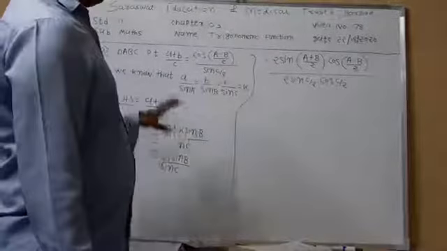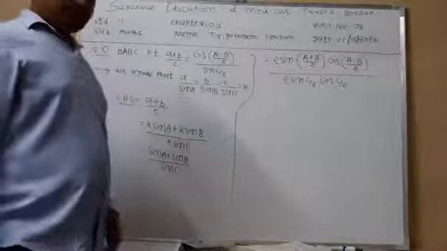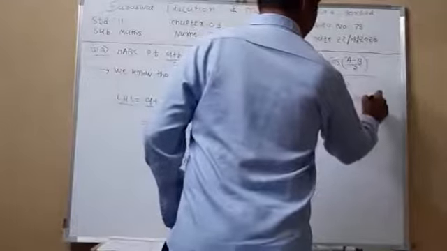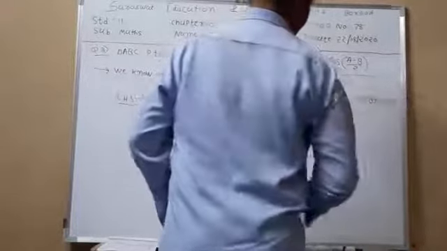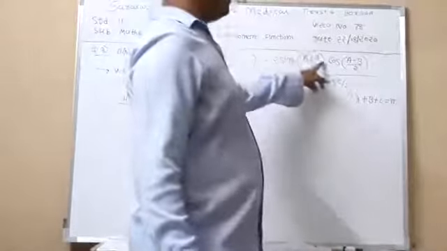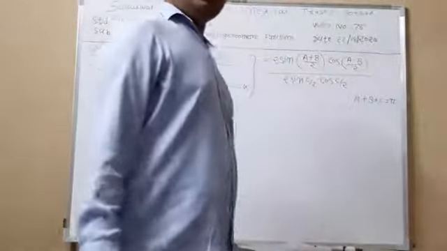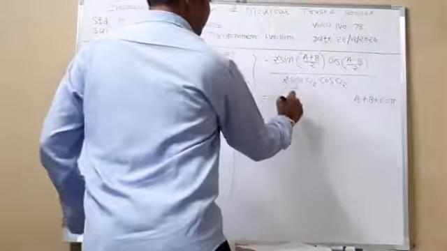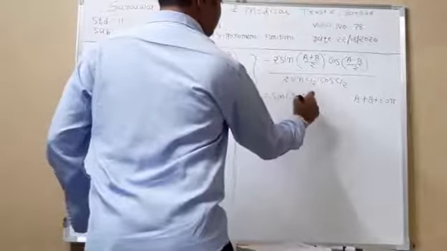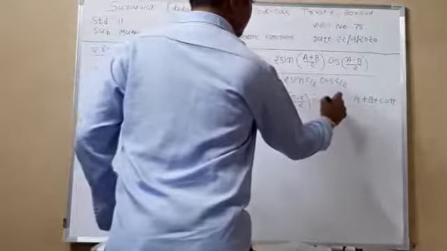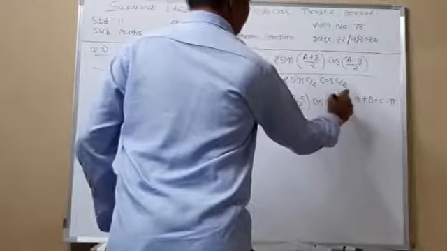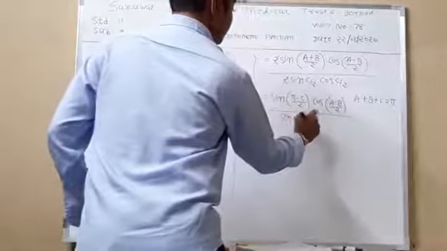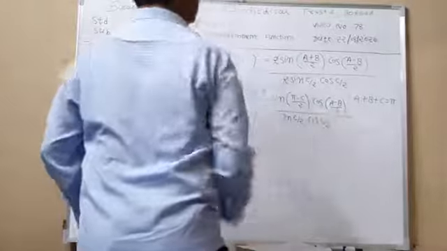Now here triangle ABC is present, and we know that A plus B plus C is equal to pi. So here A plus B in place of it we write pi minus C. 2 cancels out here. So sin of bracket pi minus C upon 2 into cos A minus B upon 2, upon, in the denominator, sin C by 2 into cos C by 2.